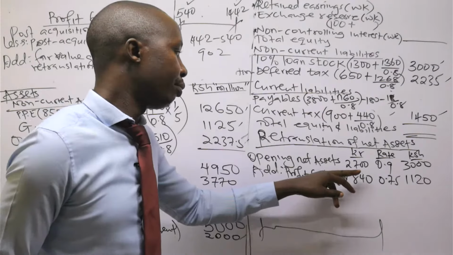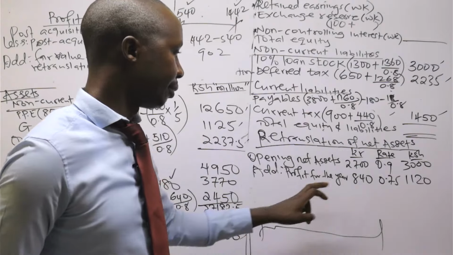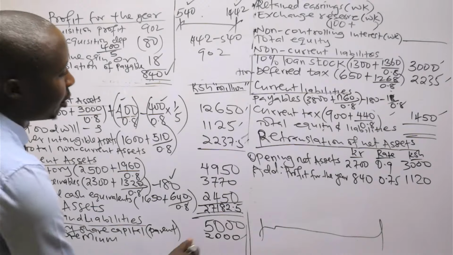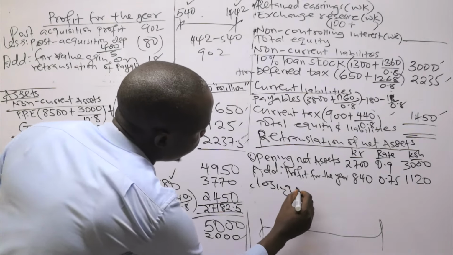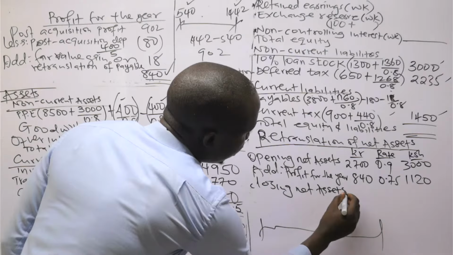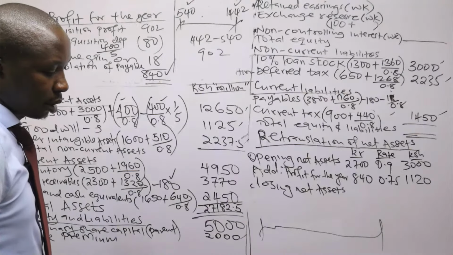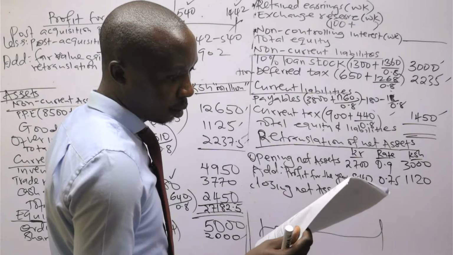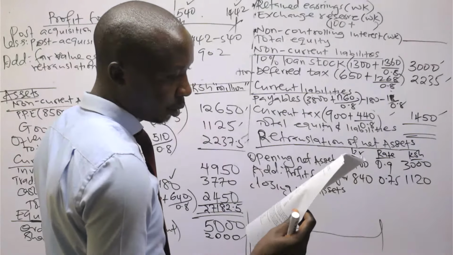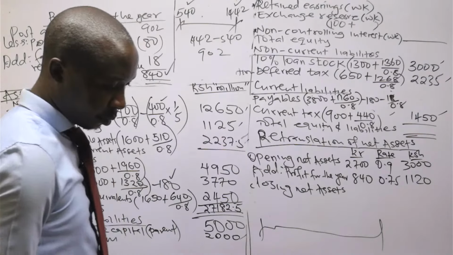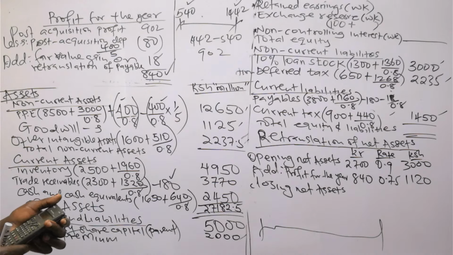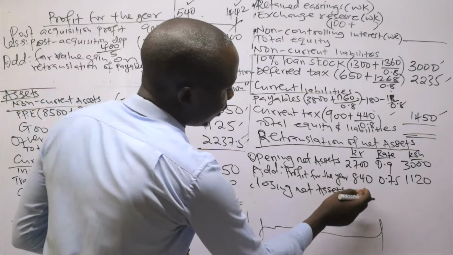So we have started with the opening net assets plus the profits for the year. Then what do we have at the end? The closing net assets. The closing net assets are given, or we determine them. It is all about adding 2700 plus 840.